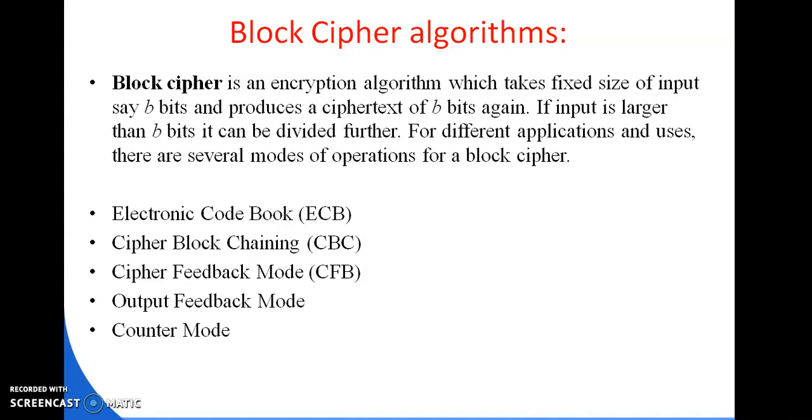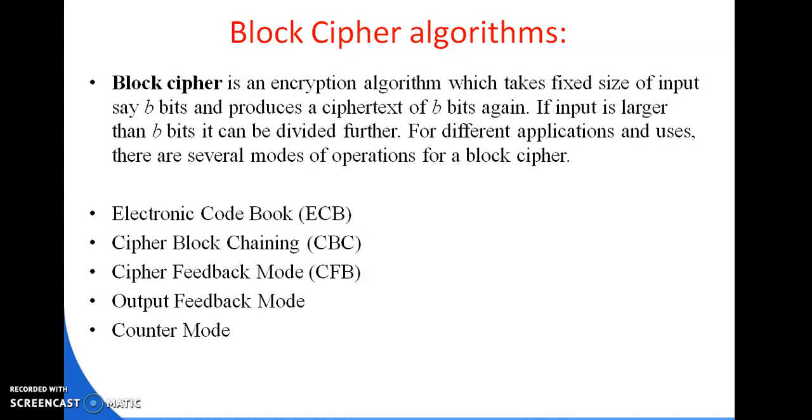Next is the block cipher. There are different types of algorithmic modes in the block cipher. So what are the algorithmic modes here? The algorithm mode is a combination of a series of the basic algorithm steps on block cipher and some kind of feedback from the previous step.